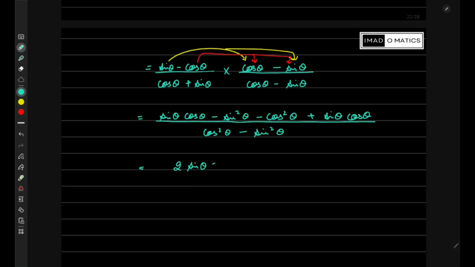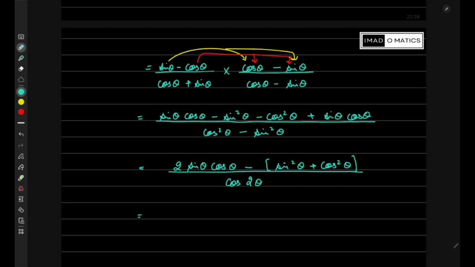So we get 2 sin theta cos theta minus sin square theta plus cos square theta over cos 2 theta.